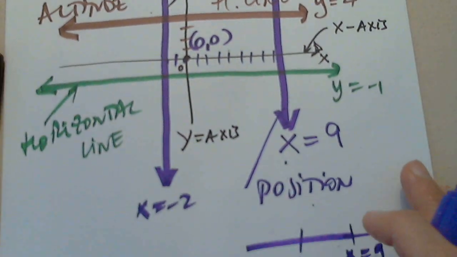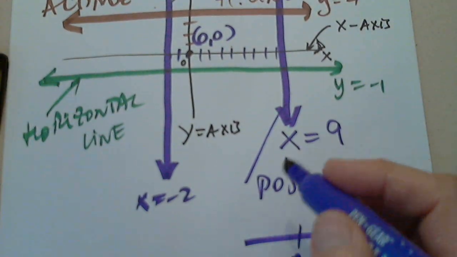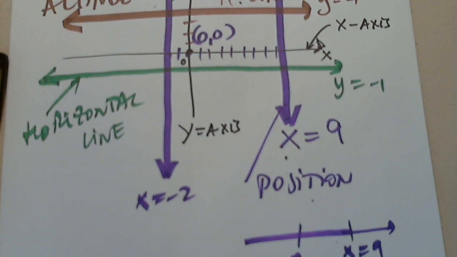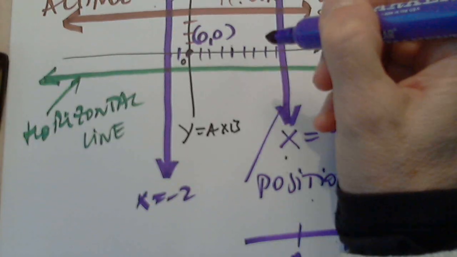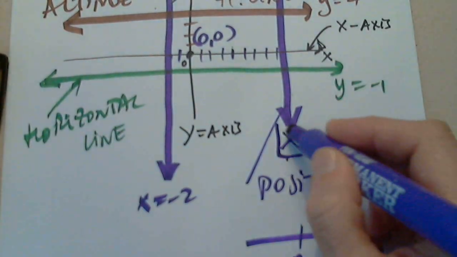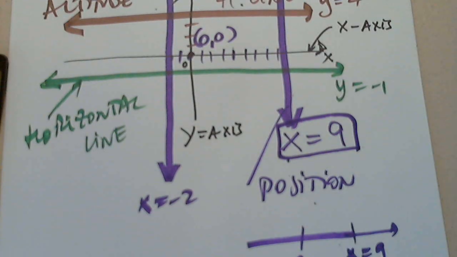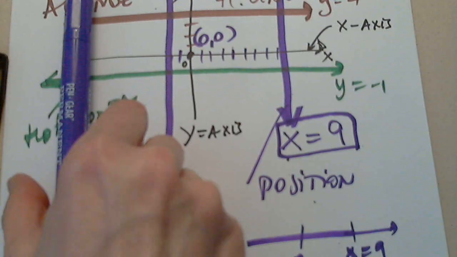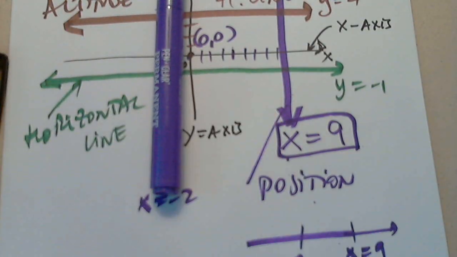In the coordinate system, when we talk about x equals 9, we mean a vertical line, not this little tick here that says x equals 4 or x equals 5. When we talk about x equals -2, I don't mean this little tick here. I mean the vertical line x equals -2.